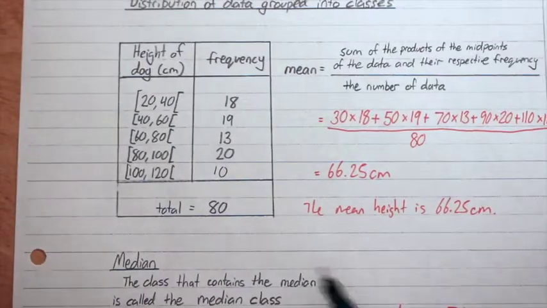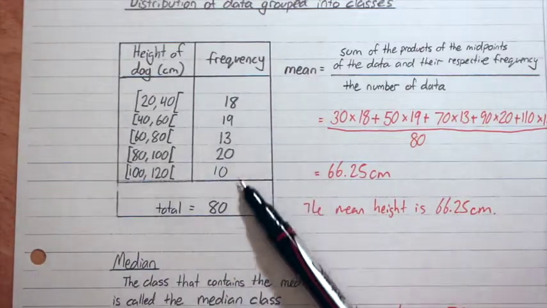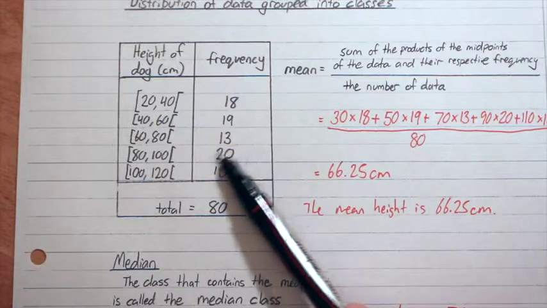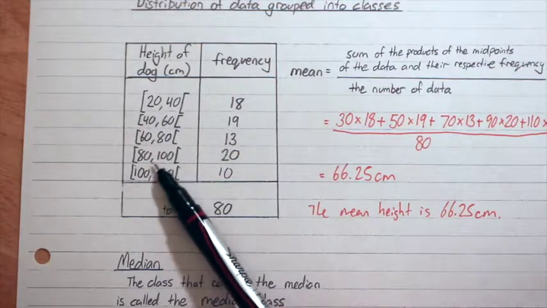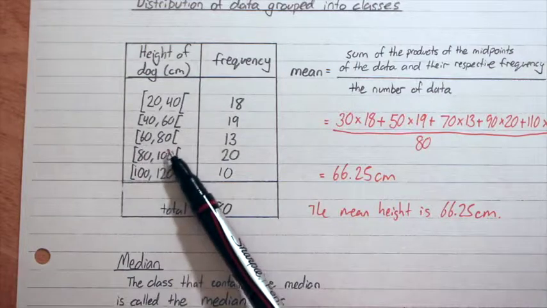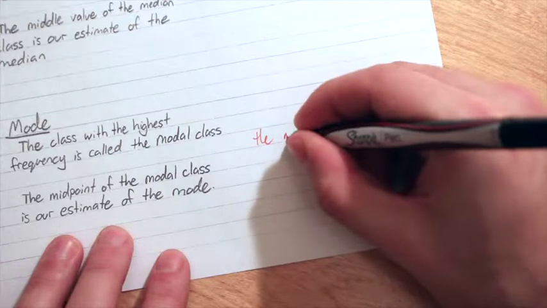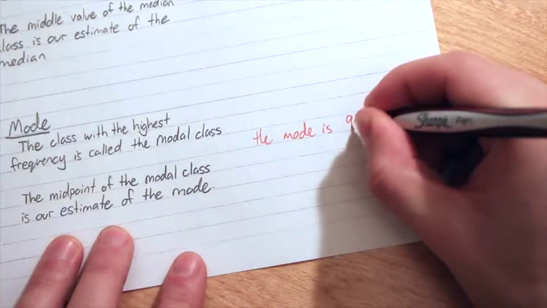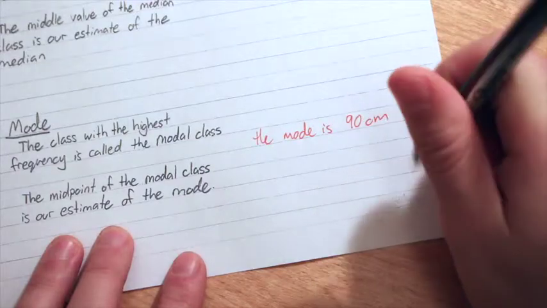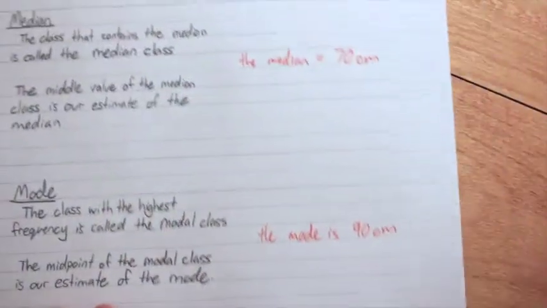We look back at our table. Which class appears the most? Well, 20 is the biggest number. So our mode is going to be the midpoint of this interval. So between 80 and 100 is 90. So the mode is 90 centimeters. So that's all for now.